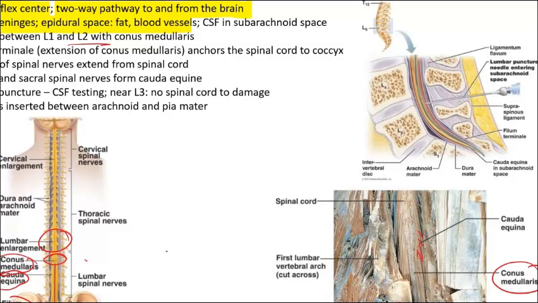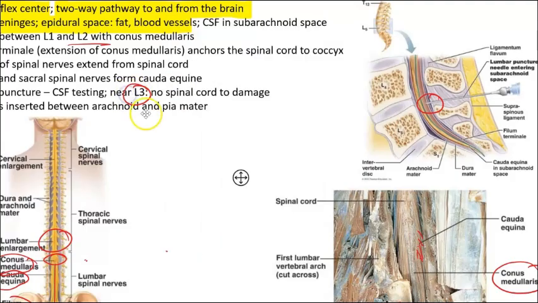It's much safer to stick the needle around lumbar vertebrae number 3 or below, where there is no spinal cord to damage, just subarachnoid space. And you can carefully suck out some of that CSF and test it, because cerebrospinal fluid that circulates your brain and your spinal cord, it's all the same.